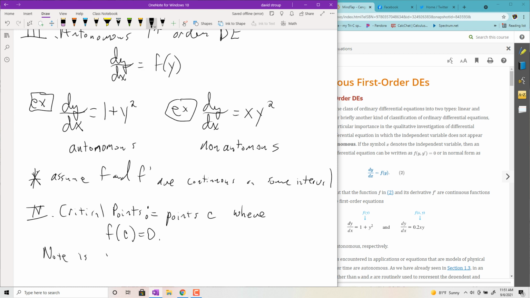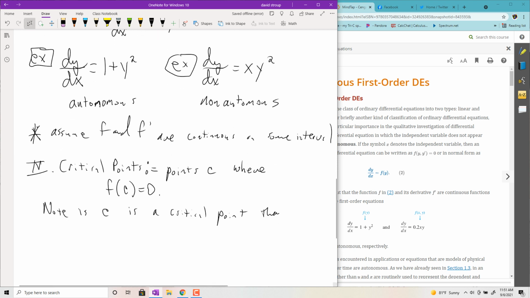Note if C is a critical point, then you have a constant solution going through it. So y of x equaling C is a constant solution.